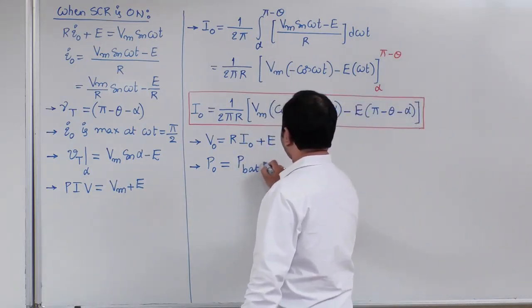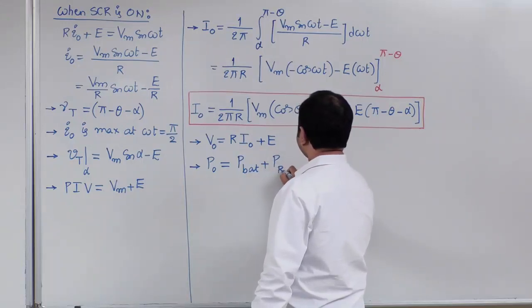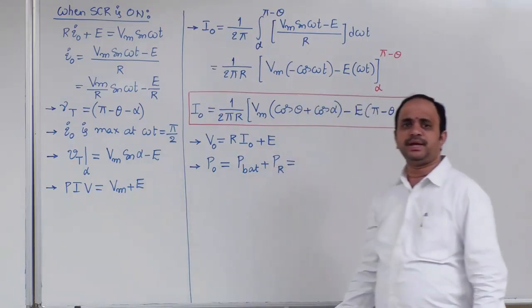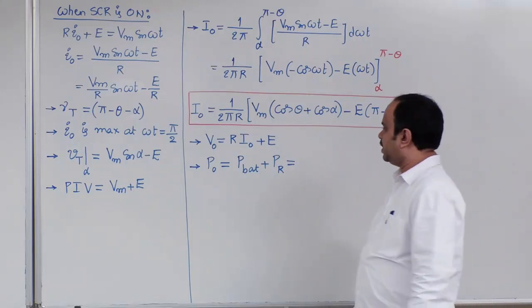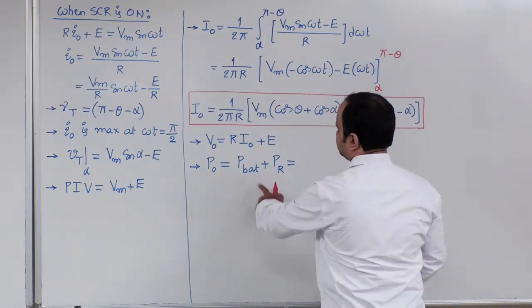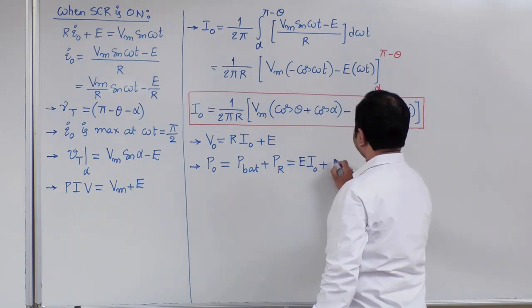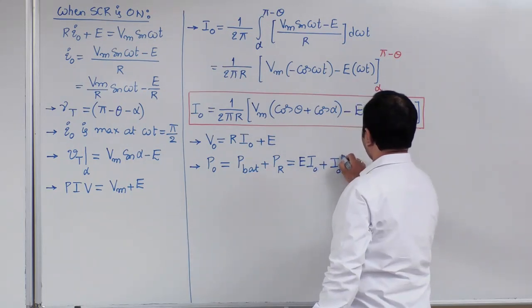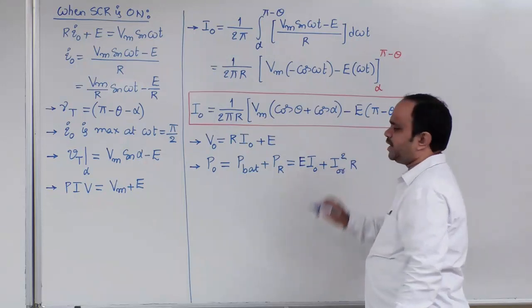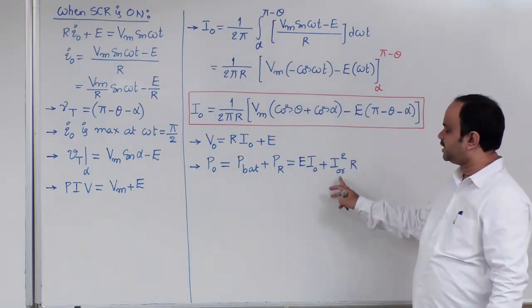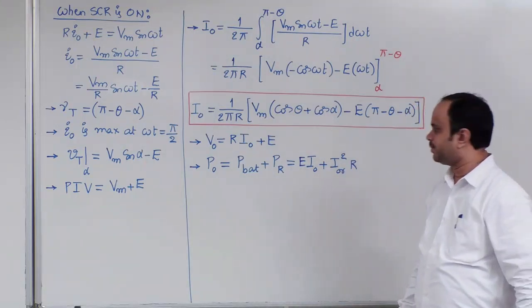Power consumed by the battery plus the power dissipated in the resistor. How can you express power consumed by the battery? E multiplied with I naught, plus RMS current square into R, that is power dissipated in the resistor.